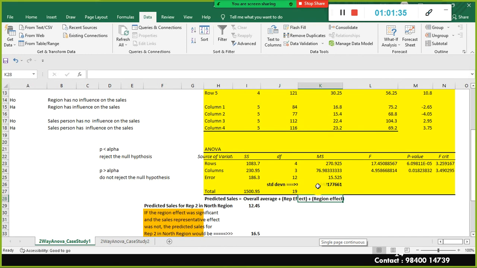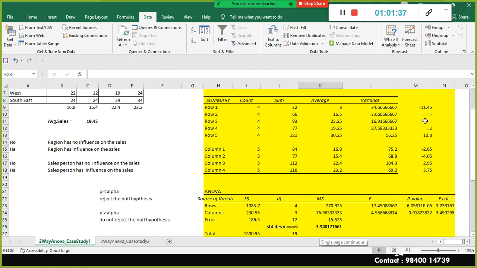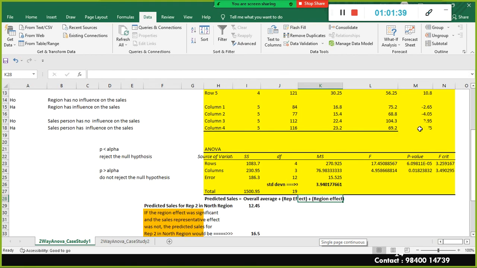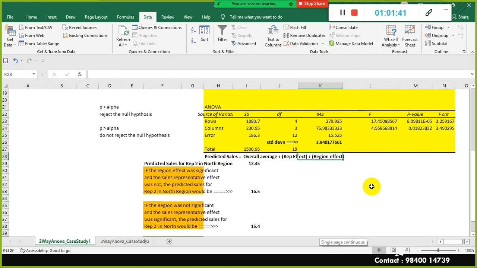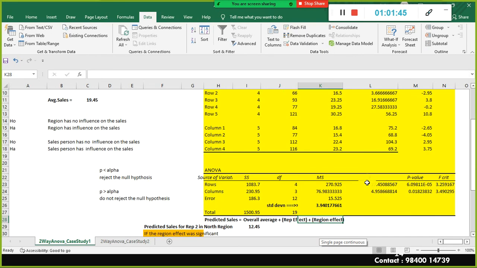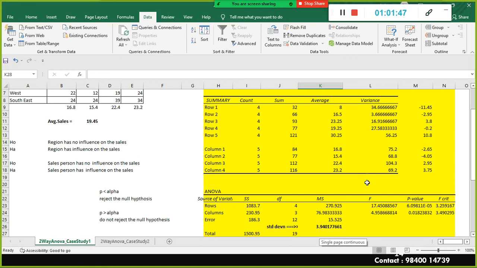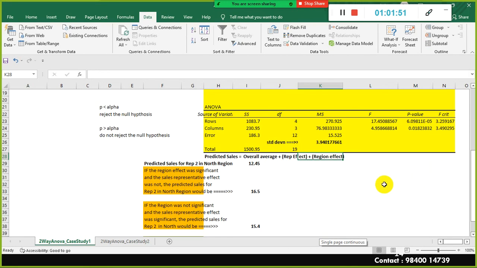Overall average minus the region, north region, minus 2.5. Okay, in this case we have to consider both rep effect and region effect, minus 2.95 and rep 2. So you will get 12, okay, sorry, this is the overall effect.